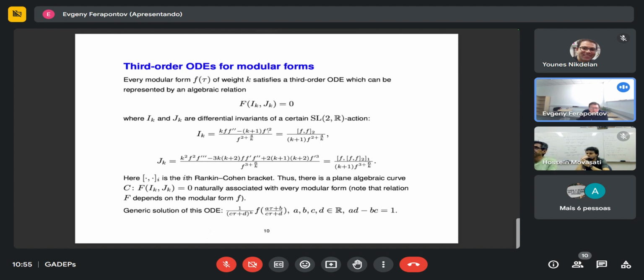It's 2k plus 4, right? But this thing downstairs, formally, if f is of weight k, this expression also has weight 2k plus 4. But this is not modular in general, because you have a division by k, you have a kth root. So it's not, strictly speaking, a modular form, right?